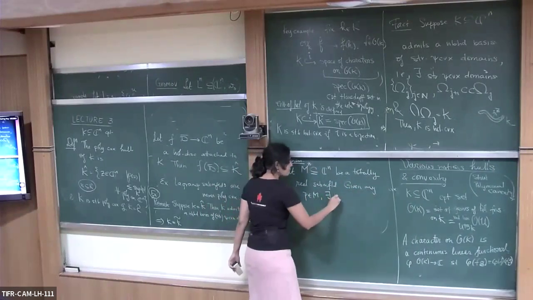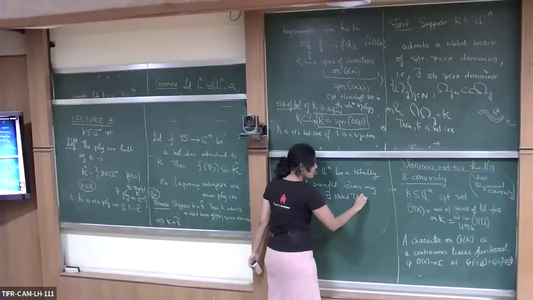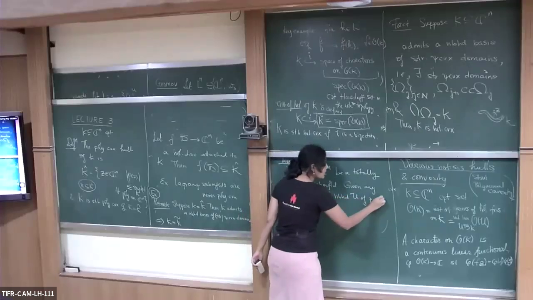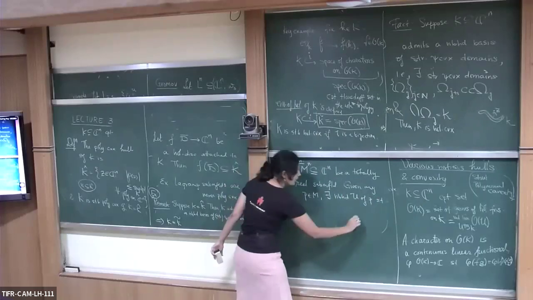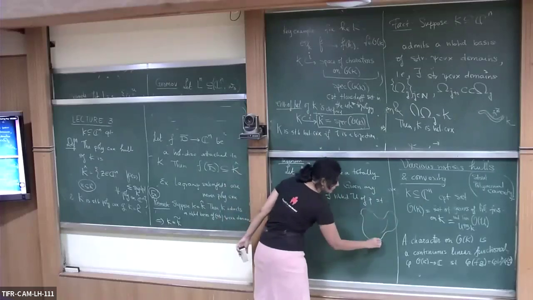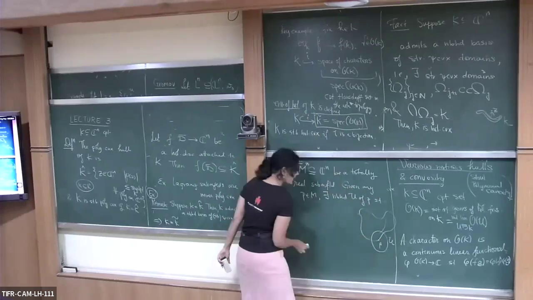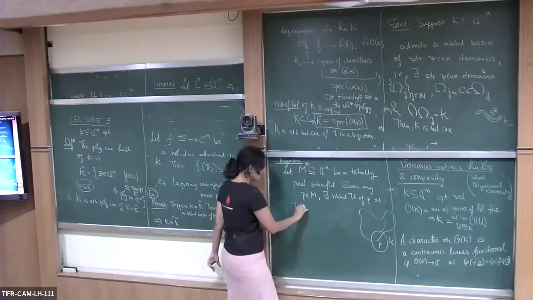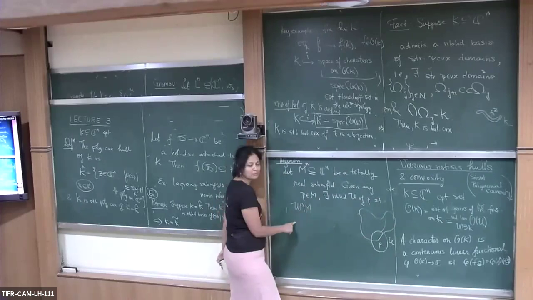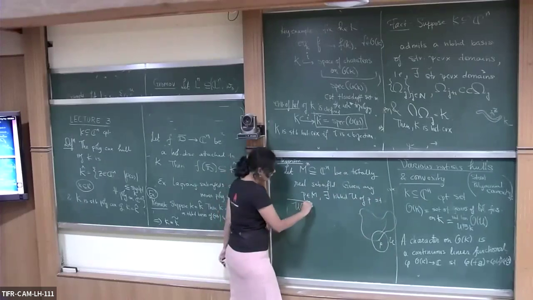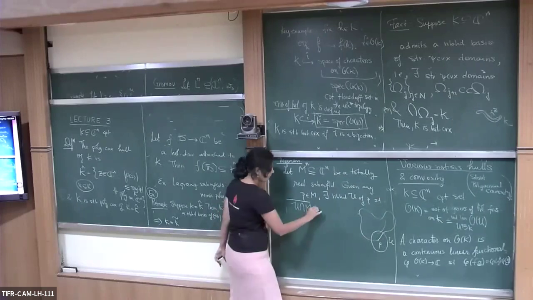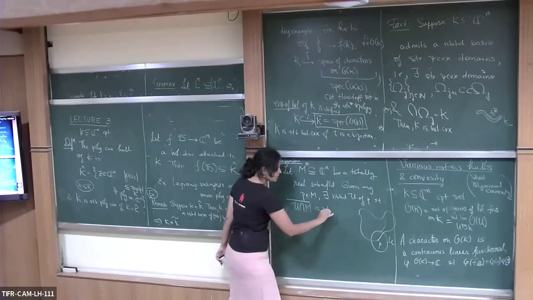there exists a neighborhood U of P such that when I look at the piece of this totally real manifold inside that neighborhood and take the closure, that's a compact set, and this is always going to be a polynomially convex set.